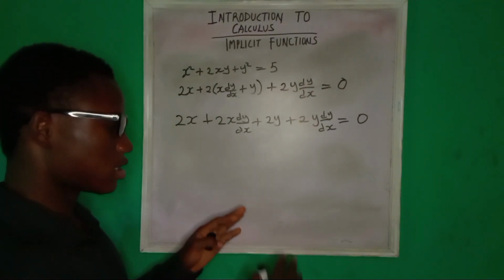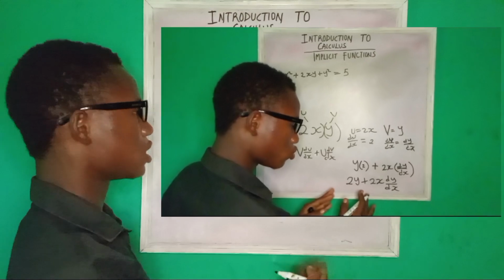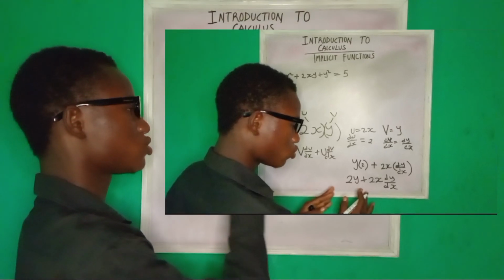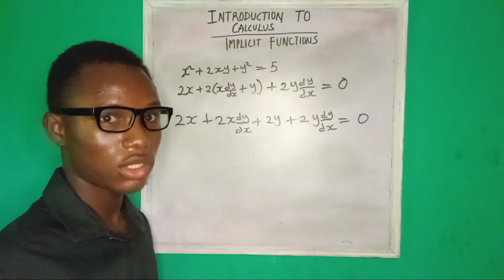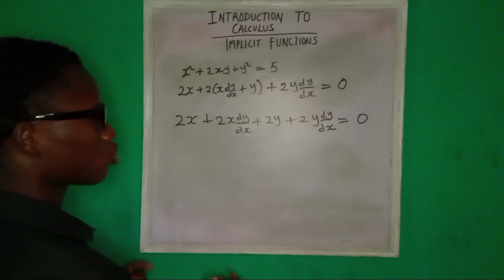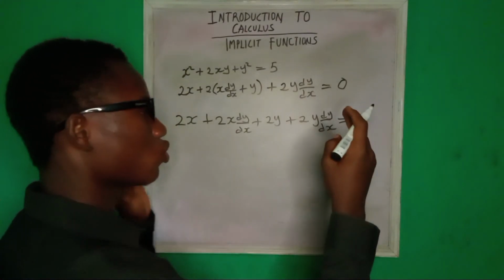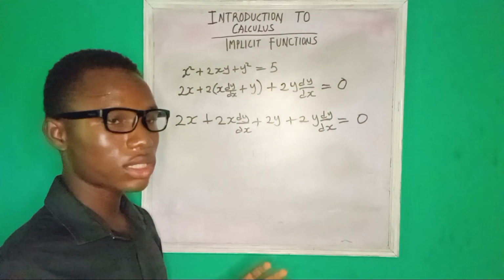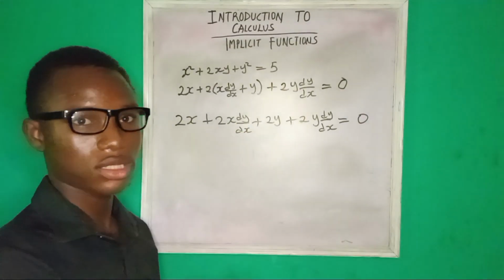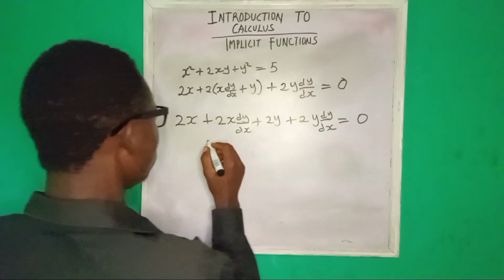Now you will notice that the answer which I wrote earlier down here is the same as both 2x dy/dx plus 2y. So we are actually getting the same thing. So now this is where we stop. From here we are going to make the terms with dy/dx the subject of the formula.